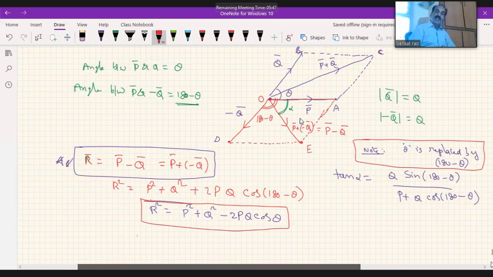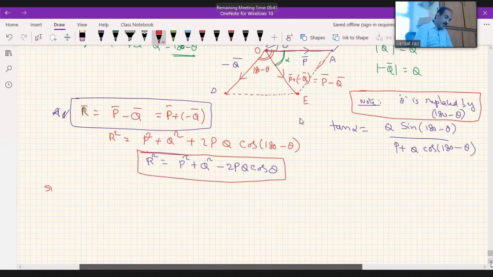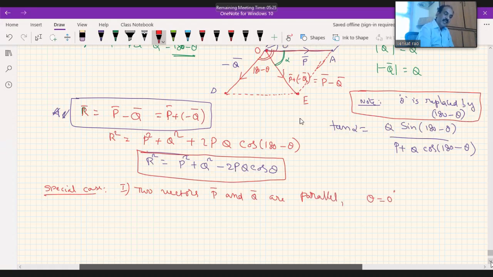No special cases, same as in the previous case. You can write two vectors are parallel. P bar and Q bar are parallel, theta is 180 degrees. The angle between P bar and minus Q bar, theta dash, is 180 minus theta.